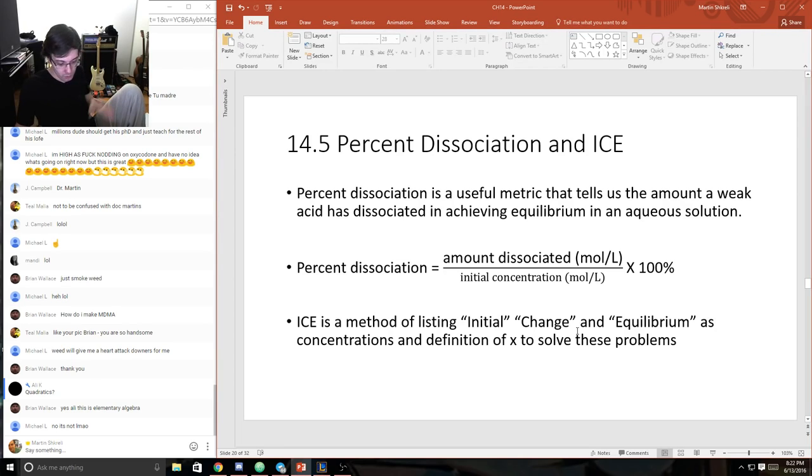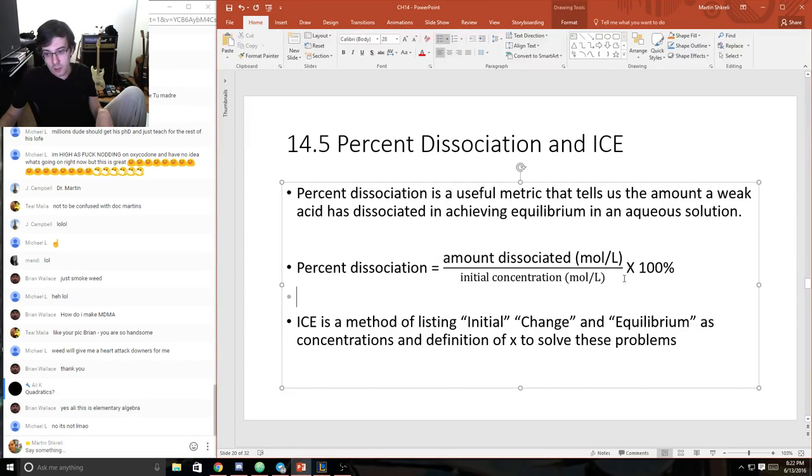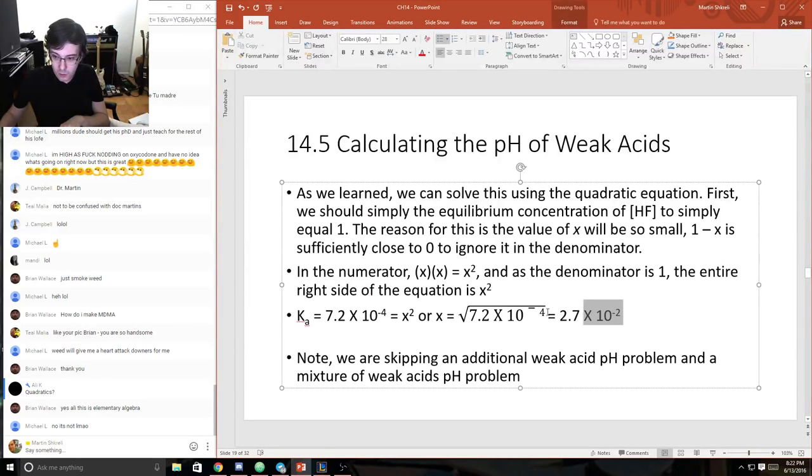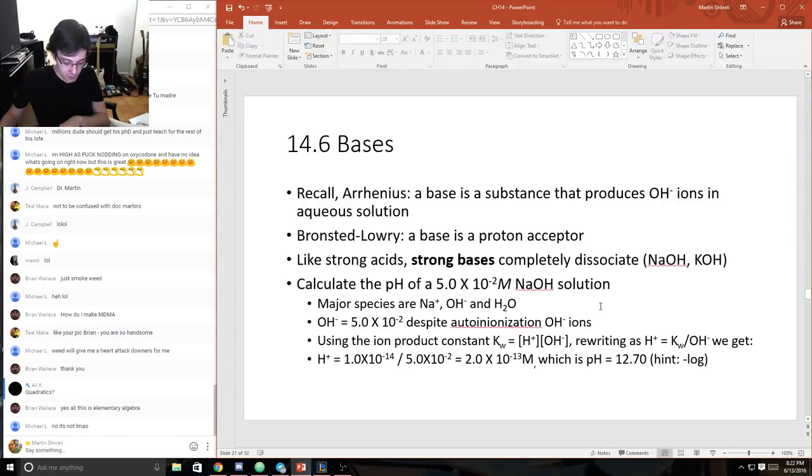We're going to simply look at percent dissociation, which is a very simple concept where we're taking the amount dissociated divided by the initial concentration, multiplying by 100. So we're trying to represent what percentage of the weak acid has dissociated. In this case, 2.7 times 10 to the negative second over 1 molar is 2.7% dissociated. And sometimes that's going to be useful if you are in this field quite a bit.